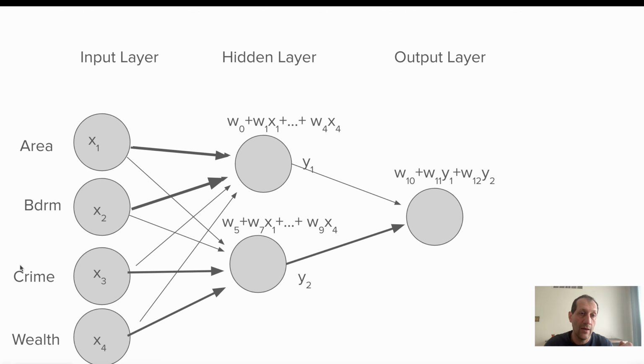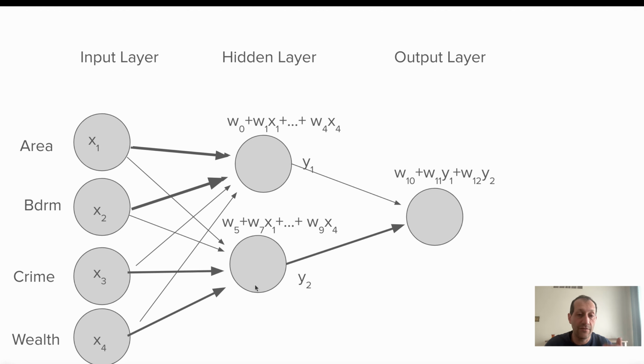For example, maybe what this neuron is picking up or outputting is a measure of how many people can live in that house. Because as you can see, the thickness of the arrows suggests that weights, or W's, are large for area and bedrooms.